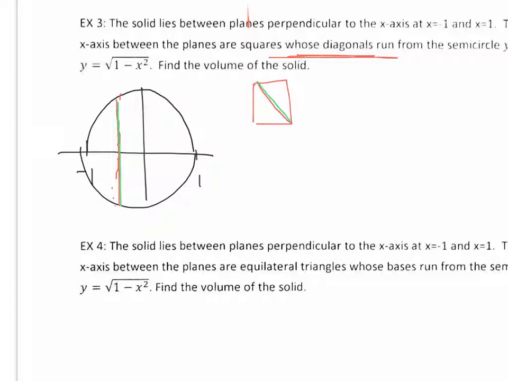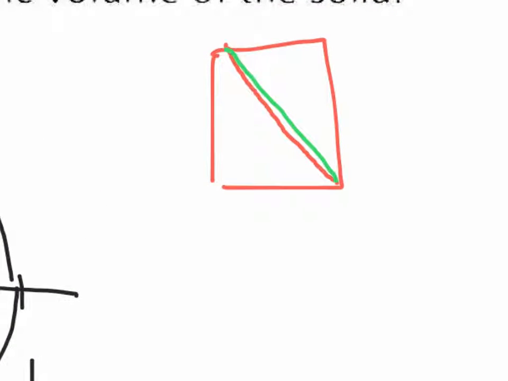The length of my cross section in this region is half the whole thing. If I call that region x, and that length is the square root of 1 minus x squared, I would need to double it to get the whole thing. So that diagonal has the length of 2 times the square root of 1 minus x squared.